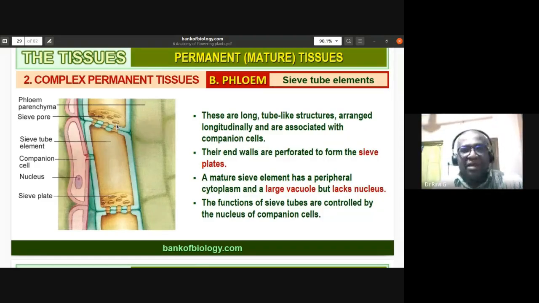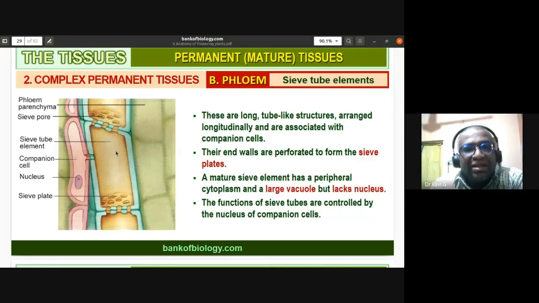If you notice the cross walls of the sieve tube, they have sieve plates. A sieve plate is just like the sieve we use for separating chaff from grain. Similarly, the cross walls of the sieve tube have numerous pores on them, and they interconnect the sieve tubes.